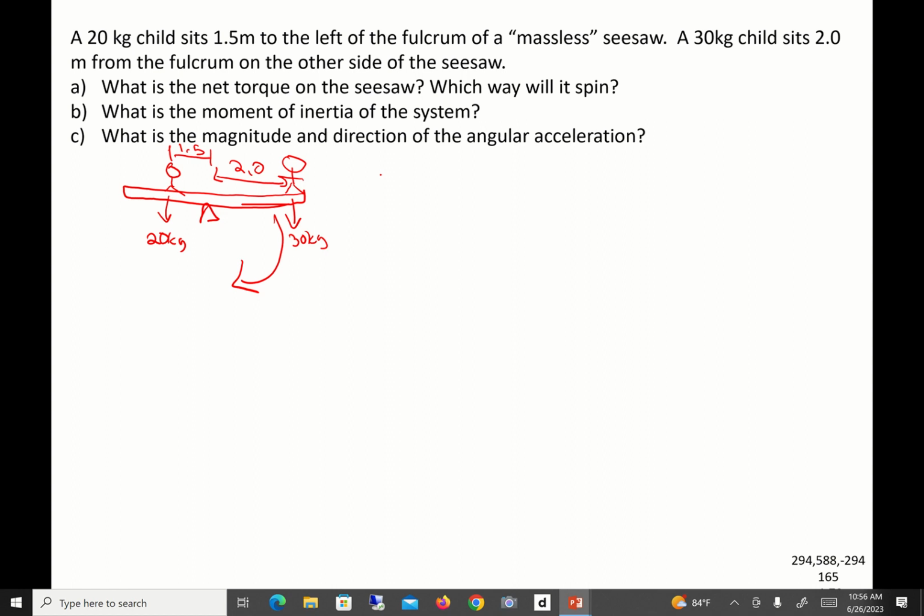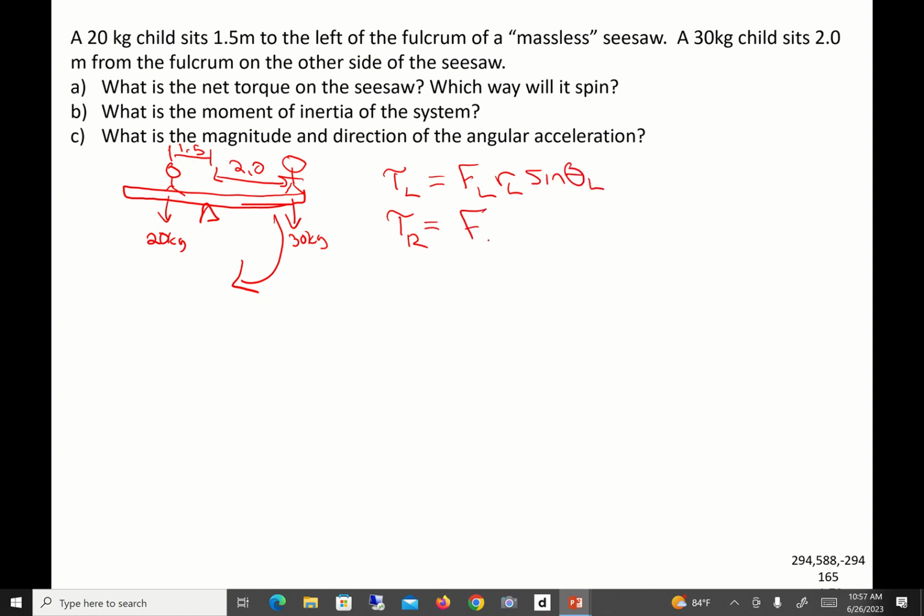So there's going to be two torques on the seesaw, one from each kid. There's going to be a torque on the left and a torque on the right. The torque on the left is going to be the force on the left times the distance on the left. Remember, torque is equal to R times F times the sine of the angle.